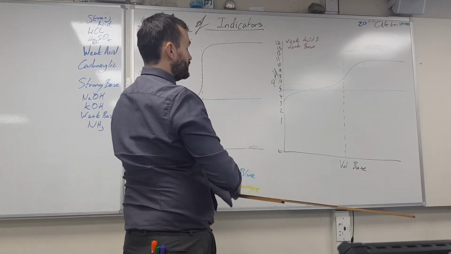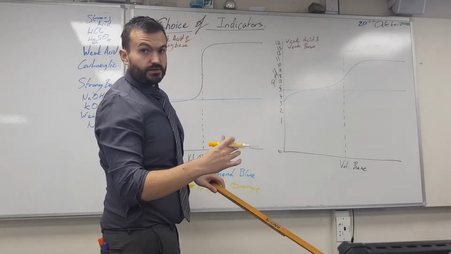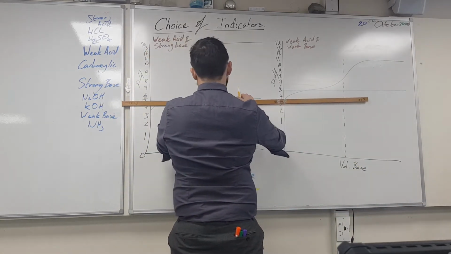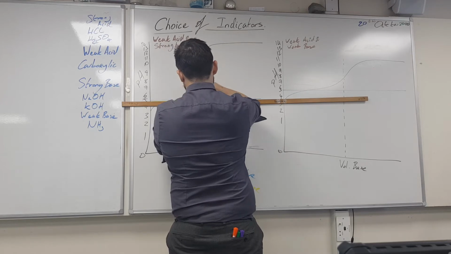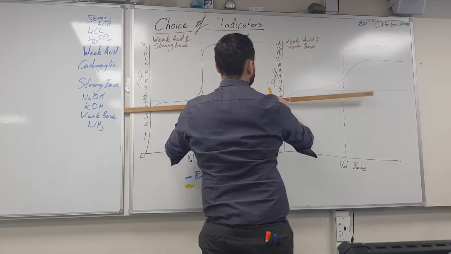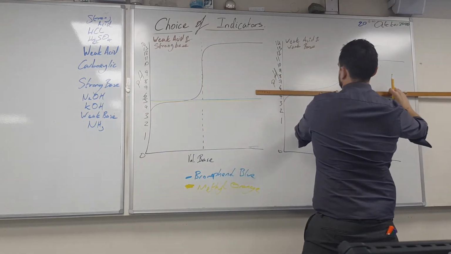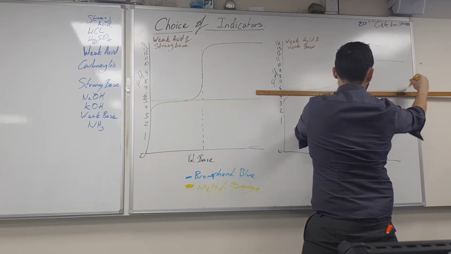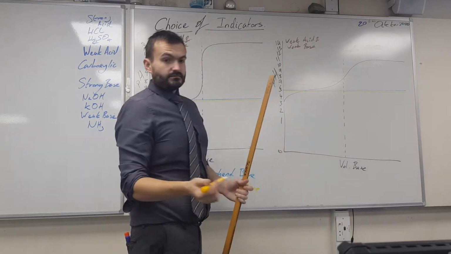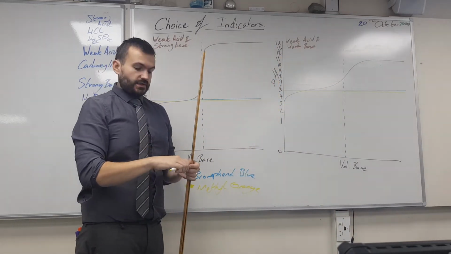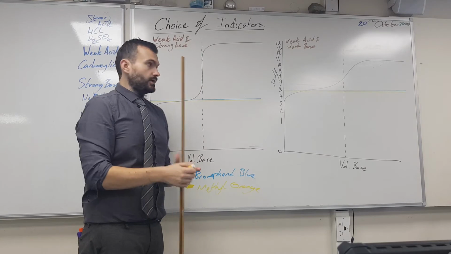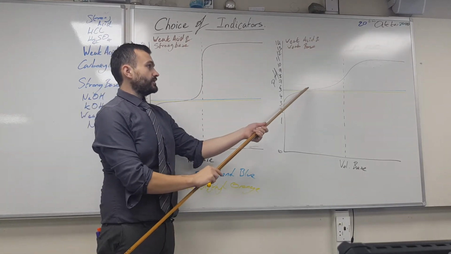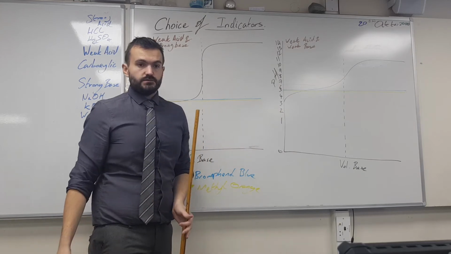So again, at pH 5, you can probably predict that it's not going to be useful, but I'm going to put my line across anyway, just to do things properly. Again, none of the lines actually go through the equivalence point, so neither of them are changing colour at the equivalence point. So we can't use that as an indicator.